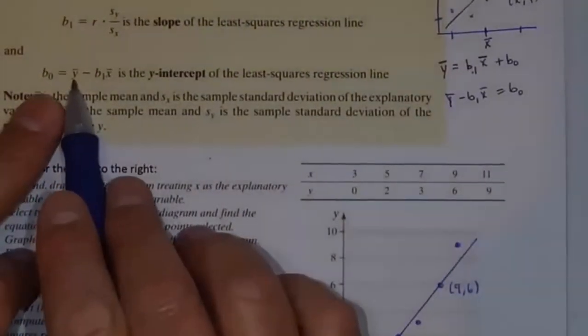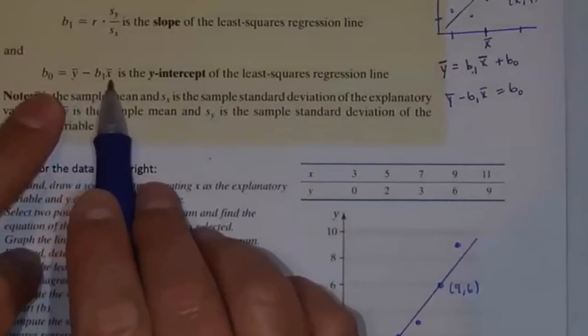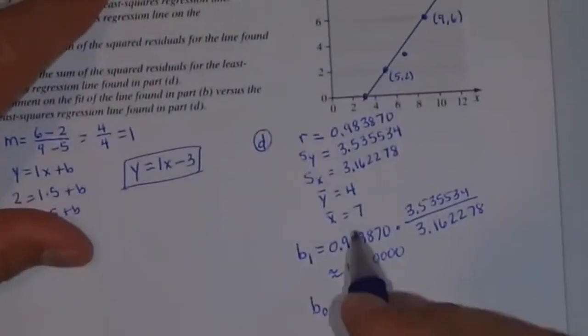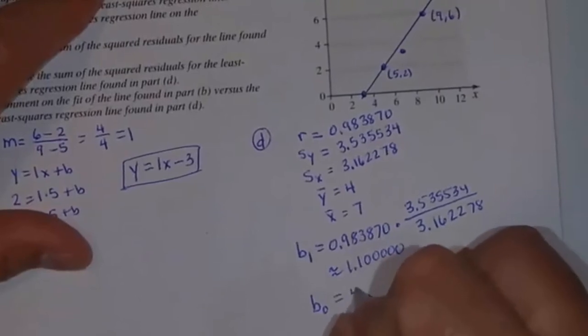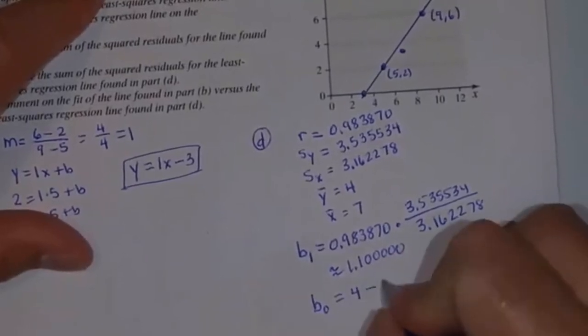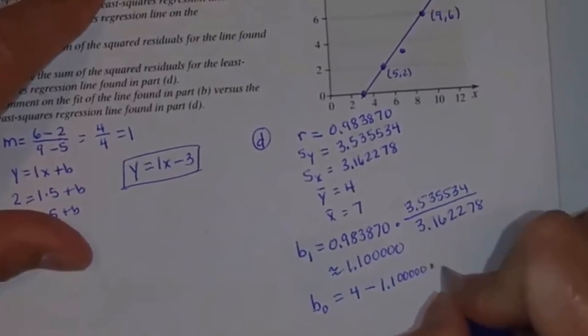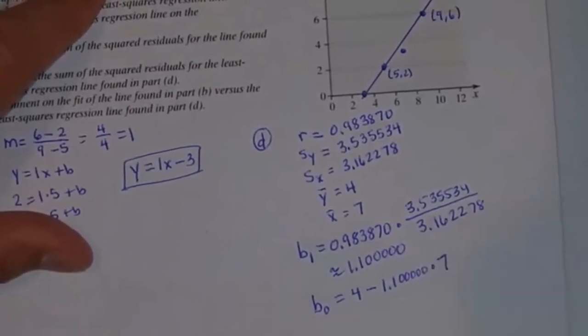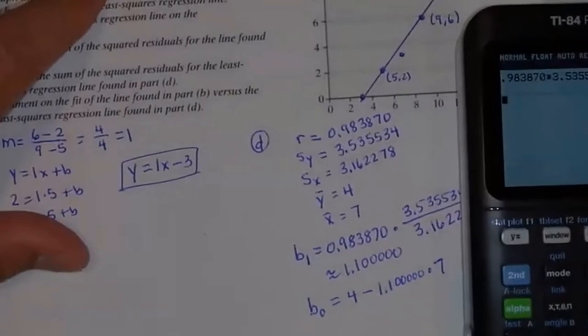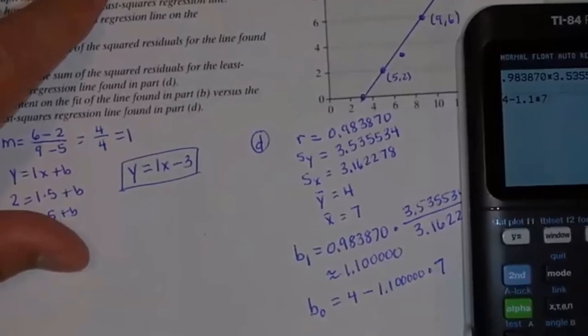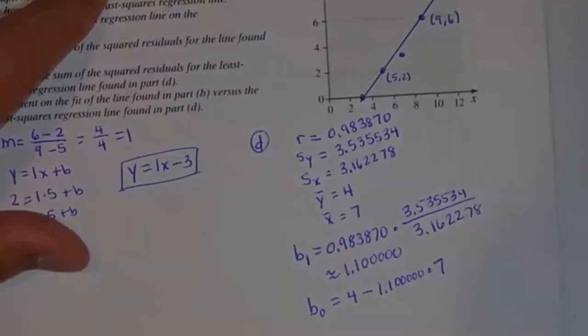The y-intercept is equal to y bar minus the slope times x bar. So y bar, that is 4, minus the slope, 1.100000 times x bar, which is 7. So 4 minus 1.100000, I'm not going to write that, times 7, that is about negative 3.7.